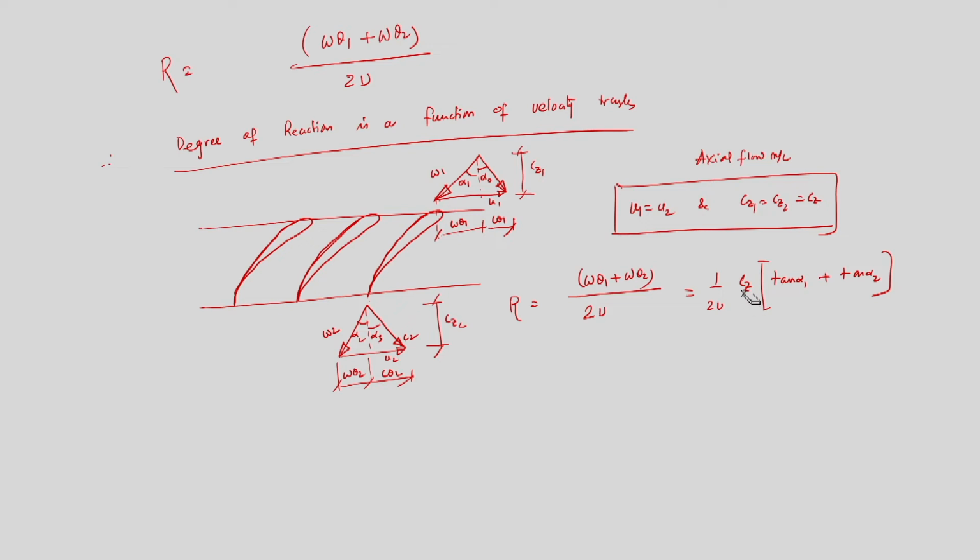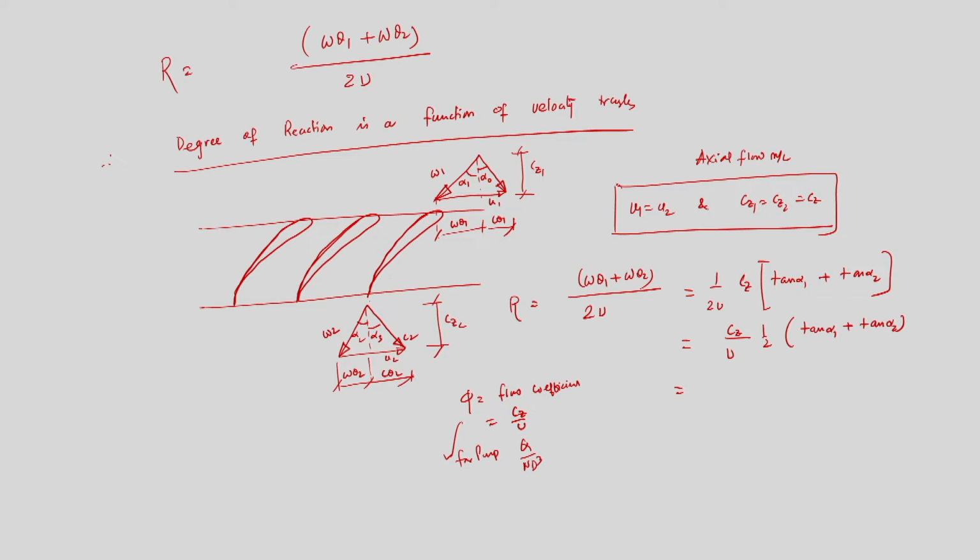So, CZ by U equals half of tan alpha 1 plus tan alpha 2. This phi is known as the flow coefficient, equal to Cz by U. For a pump, it is Q by ND cube, which we derived from the Buckingham pi theorem.